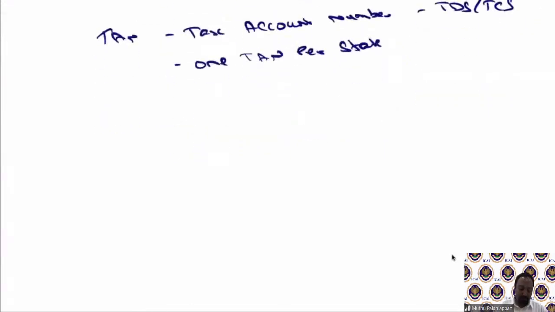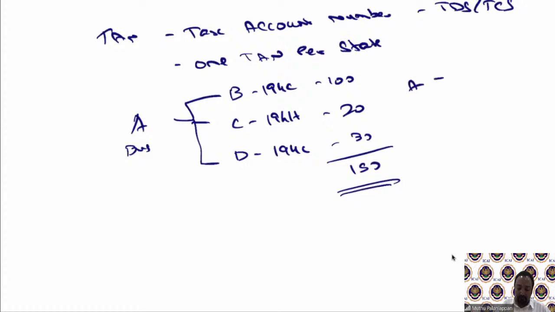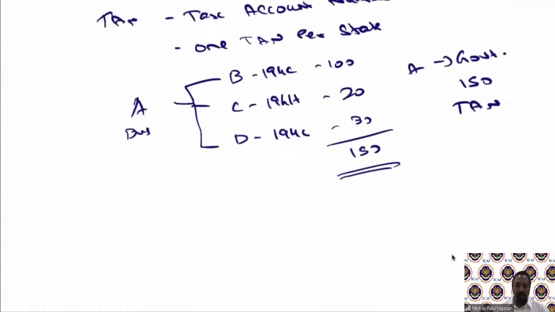Now let's say A is into business. A pays to B for 194C, to C for 194H, and D also for 194C. Let's say this is 100, this is 20, this is 30. So A will deposit to the government 150 using the TAN.